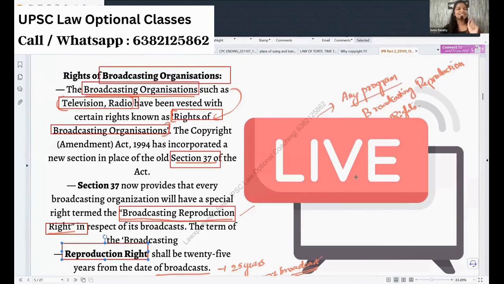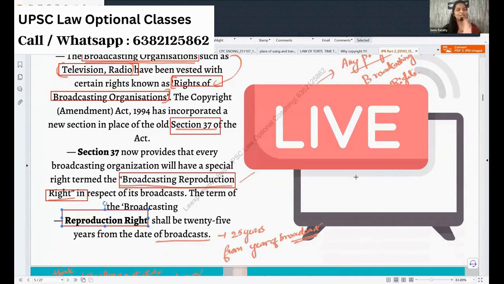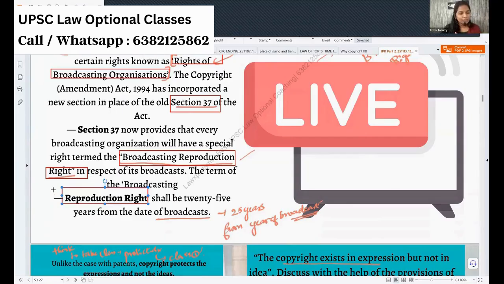So the agencies who are broadcasting certain artistic work or any cinema work are called broadcasting organizations. They exist in television and radio, and they have certain rights called rights of broadcasting organization under Section 37 of your Copyright Act. What is the special right? The right to reproduce, the reproduction right.